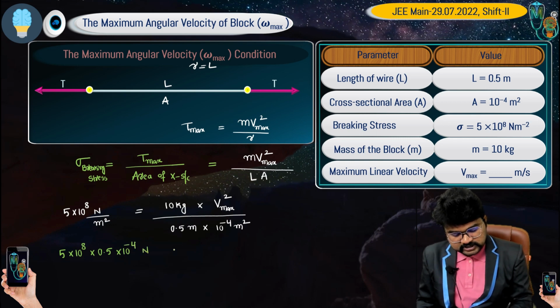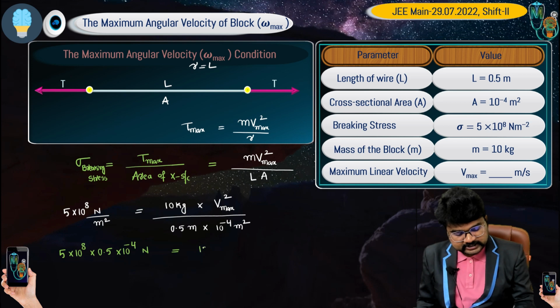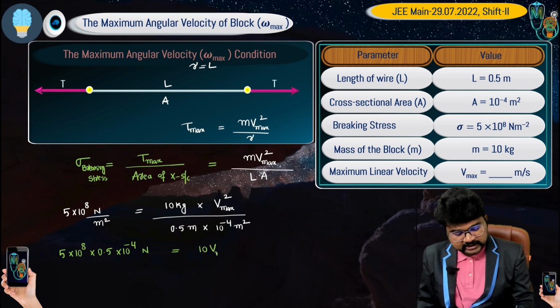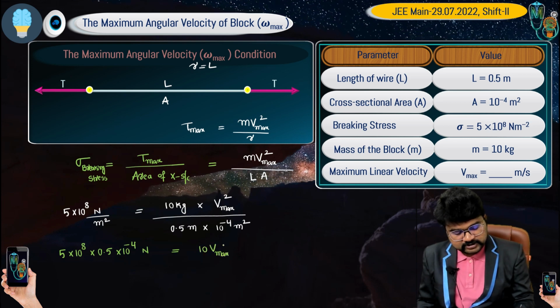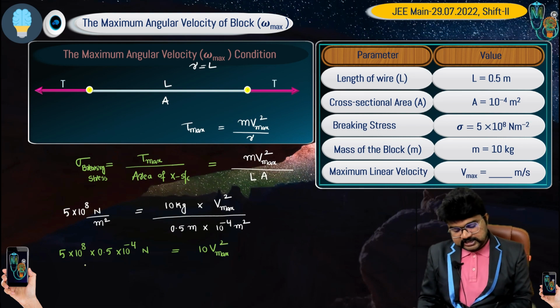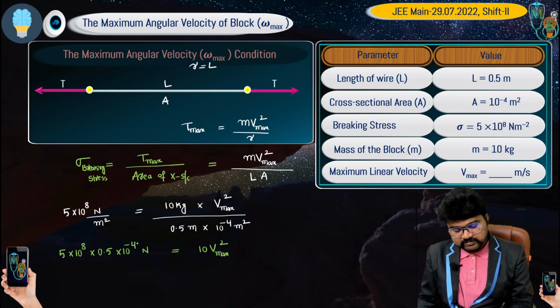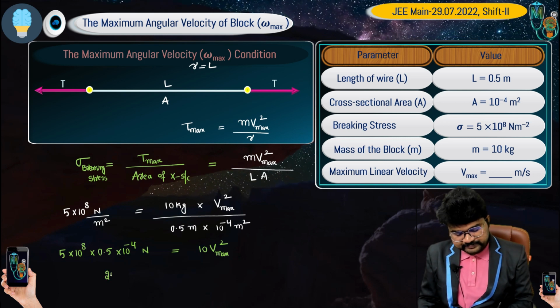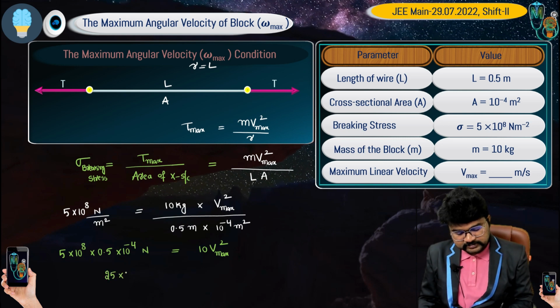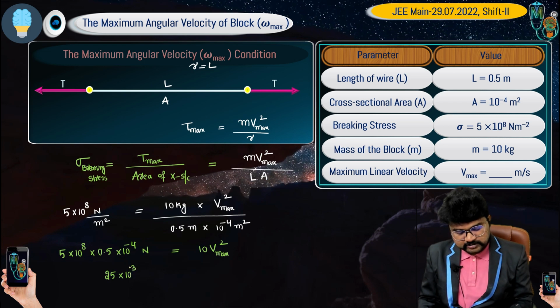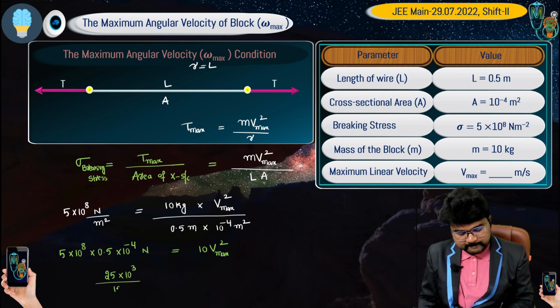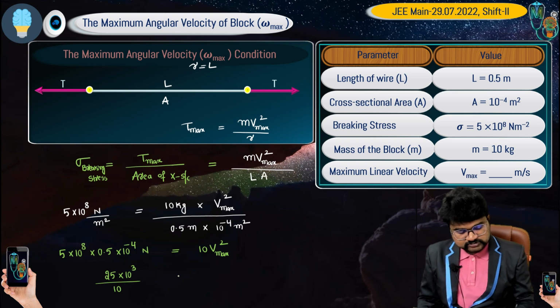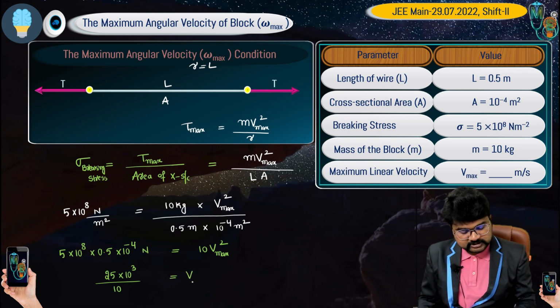This would be Newton equal to 10 times V maximum square. So V maximum square is 25 into 10 cube by 10.